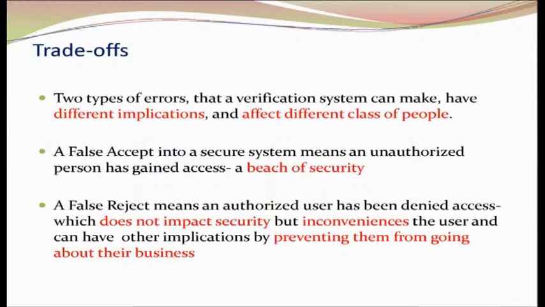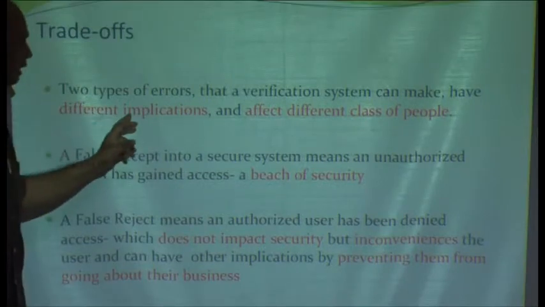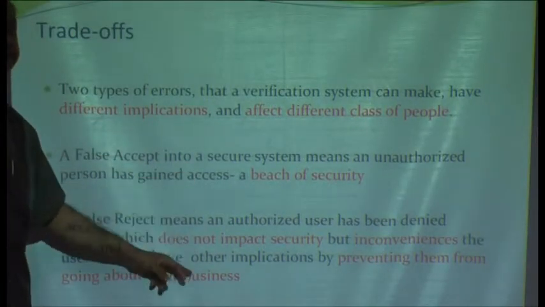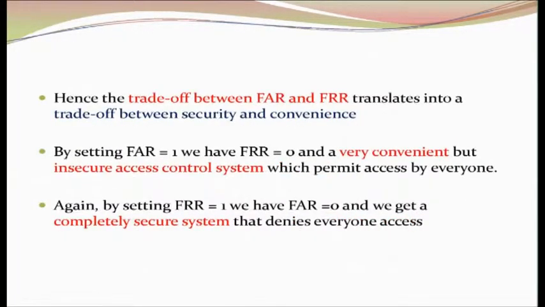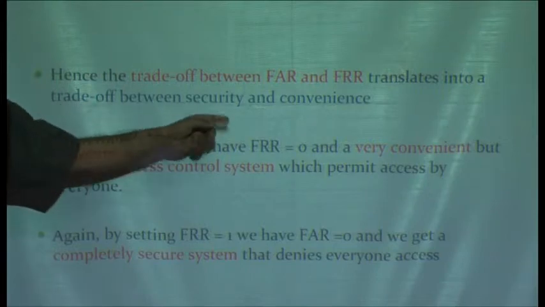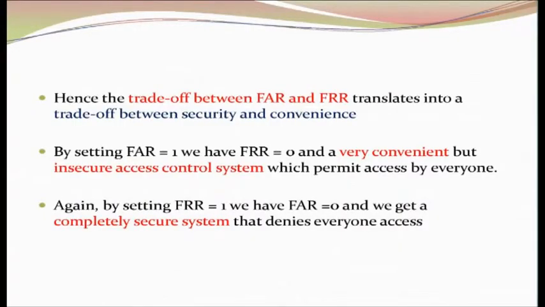A false reject means an authorized person, a genuine person, has been stopped from going there, and as a result his inconvenience has been increased. So here the implication is a breach of security, and in this case a convenience problem. So the trade-off between FAR and FRR translates to the trade-off between security and convenience, right?